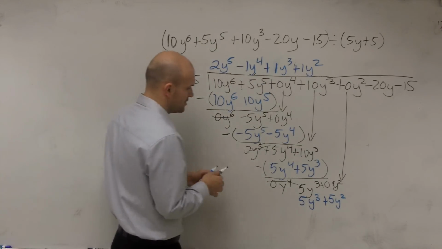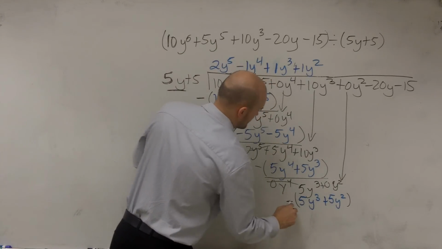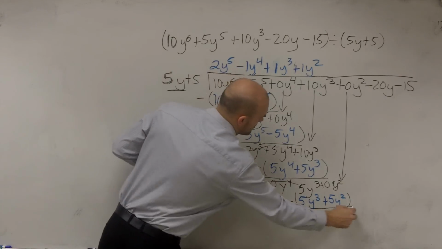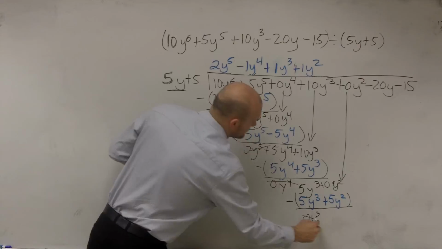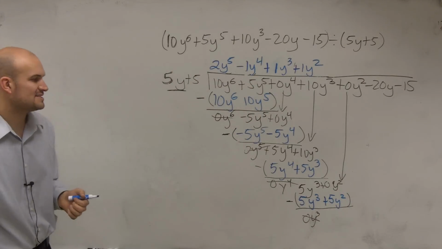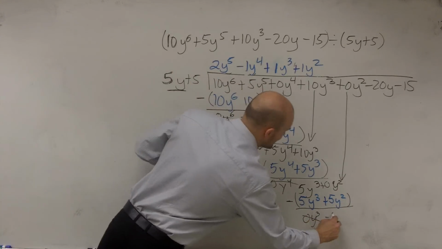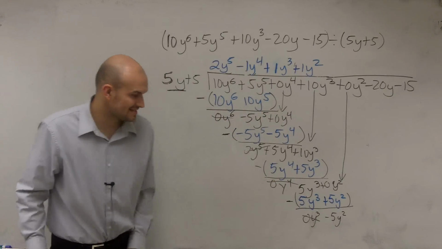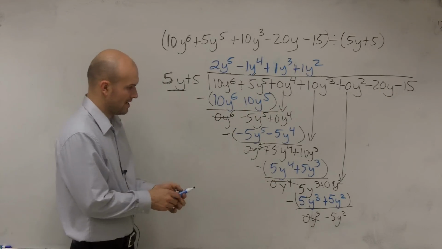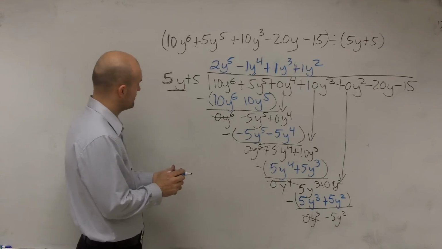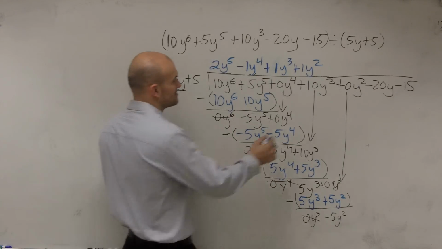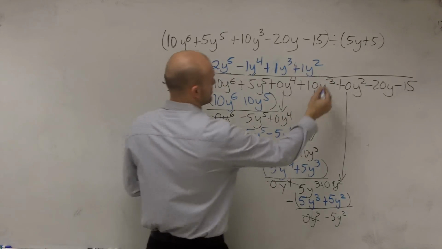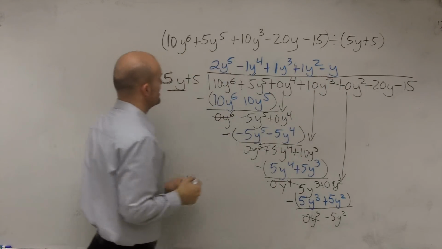So we subtract our two rows now. 5y cubed minus 5y cubed is 0y cubed. 0y squared minus 5y squared is going to be a negative 5y squared. 5y divides into negative 5y squared, negative y.